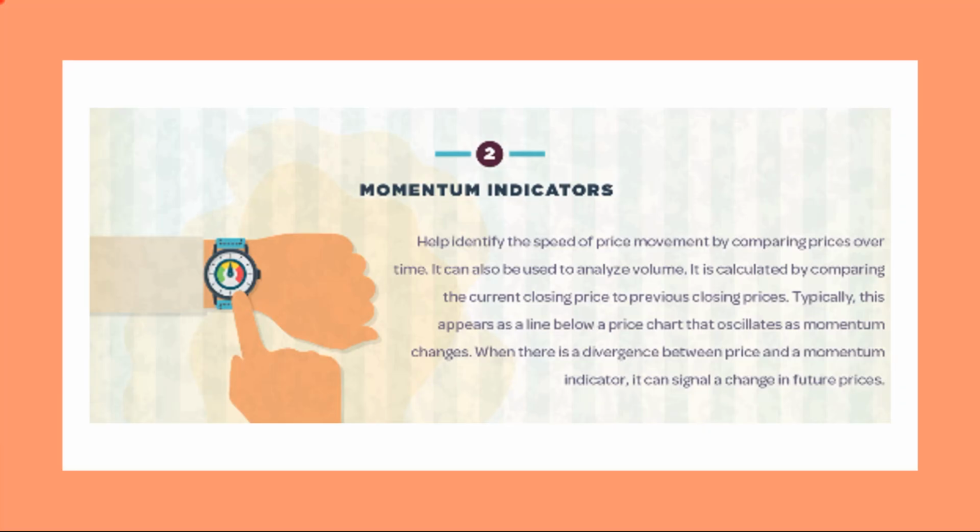Then we have our second group, momentum indicators. Momentum indicators help identify the speed of the price movement by comparing price over time. It tells you how fast that trend is moving, what its velocity is, because we like to know what kind of momentum is building up in a trend. Especially when momentum is easing, it doesn't mean the trend is reversing at that point.